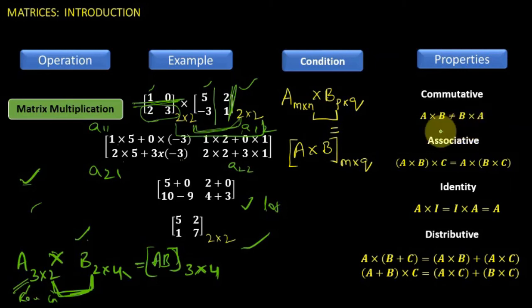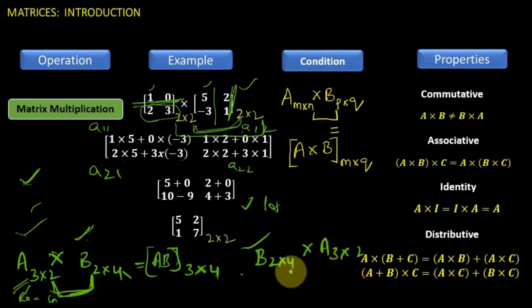See why? Because if you see here, you can take this example which I explained to you. A is a matrix of order 3 cross 2 and B is a matrix of order 2 cross 4. Here it is possible if I do A cross B. But if I do the same B cross A, what happens? First matrix B is of order 2 cross 4, right, multiplied by A, which is of order 3 cross 2.